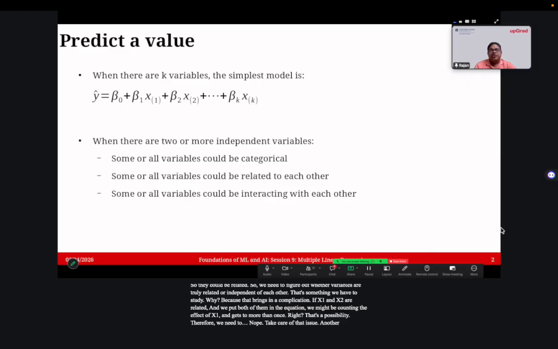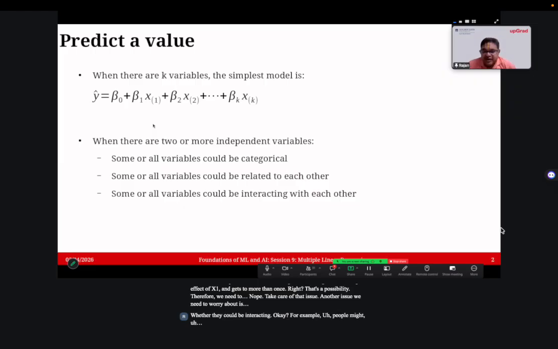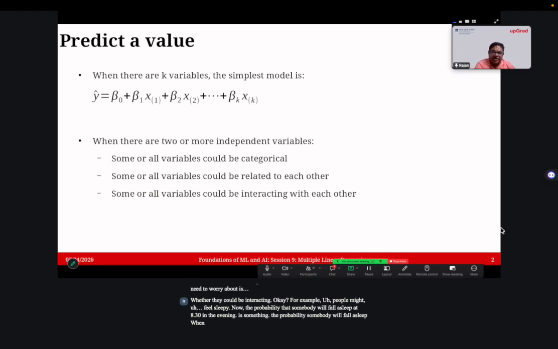Another issue we need to worry about is whether they could be interacting. Okay, for example, people might feel sleepy. The probability that somebody will fall asleep at 8:30 in the evening is something. The probability somebody will fall asleep when Rajan is taking a class is something.